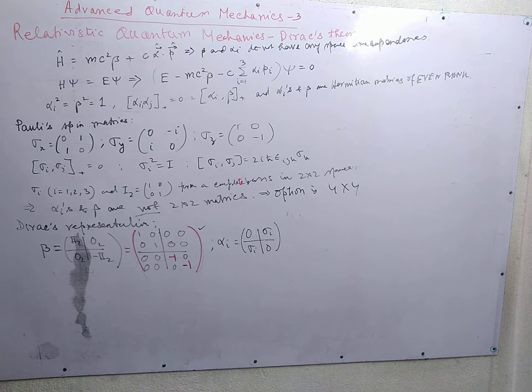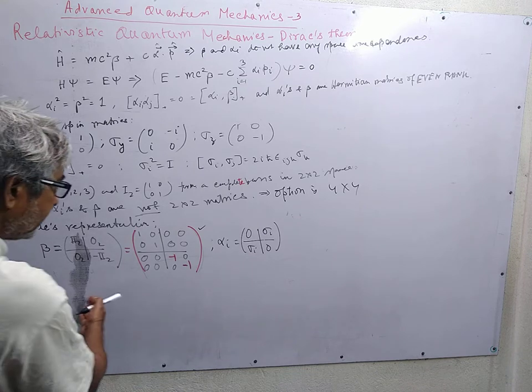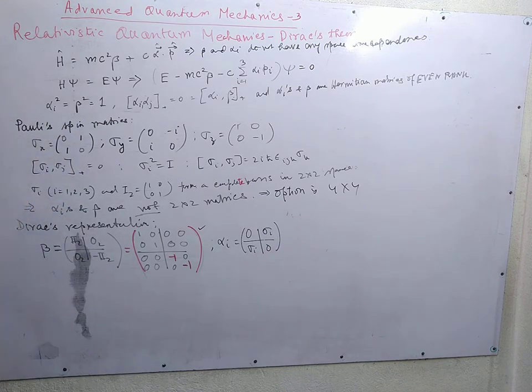They are square matrices of order 4 such that the squares of the matrices are unity, and they anticommute in pairs. Their eigenvalues are plus minus 1 and the trace is 0.